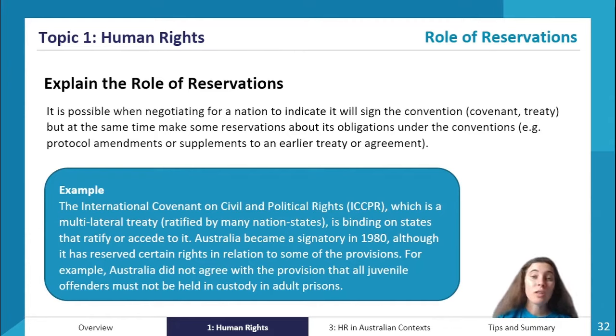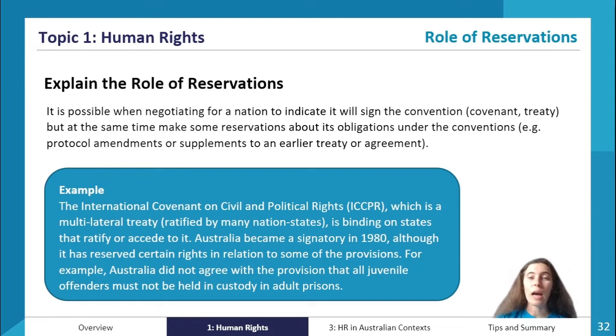So just like in your everyday life, you may be saying that you're interested in something, but you do have some things that you're not so sure about, and you want to discuss them further and negotiate them. So it's possible to say what those reservations are about the obligations under the conventions. So any kind of protocol amendments or supplements to an earlier treaty or agreement.